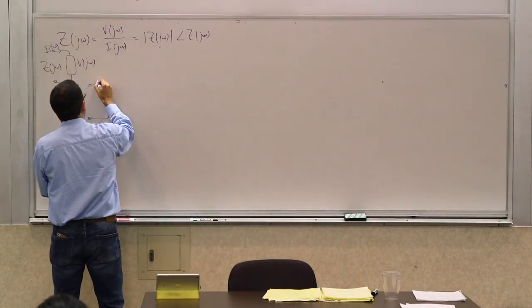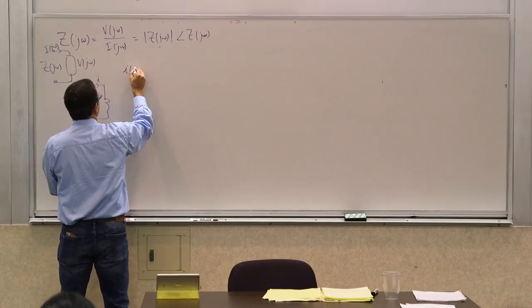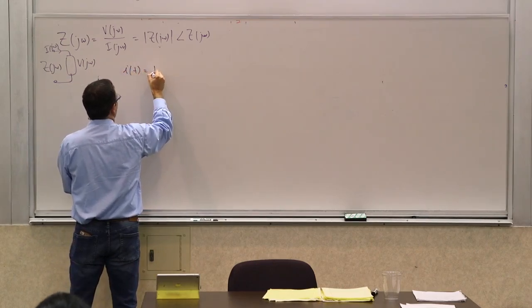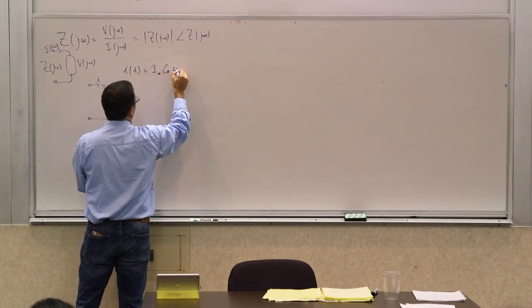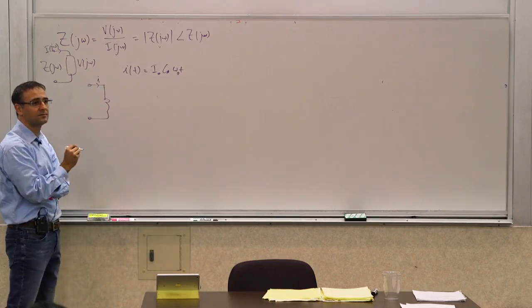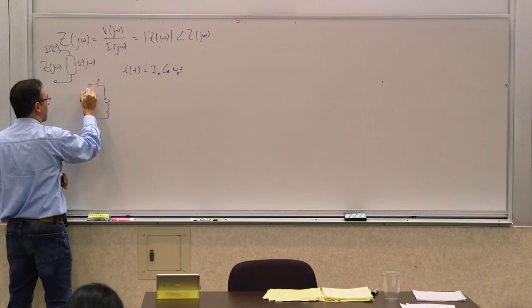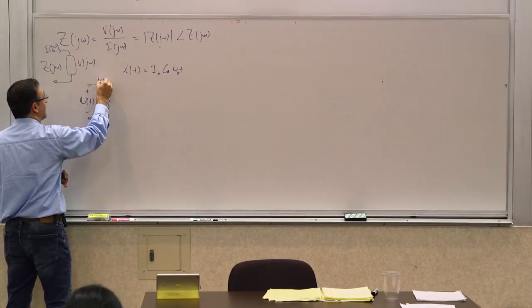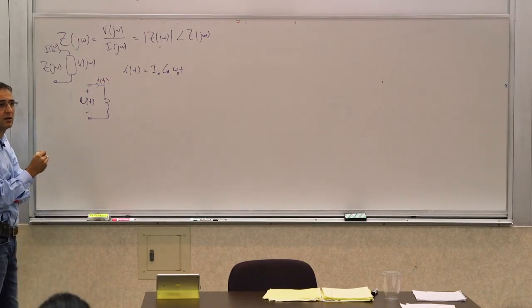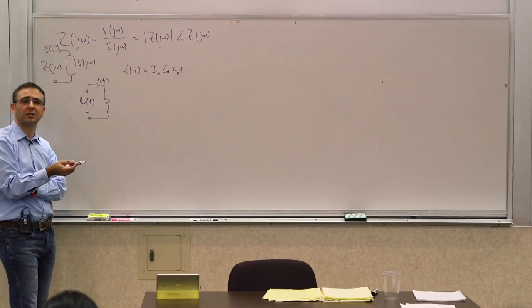For example, you can say if i of t is, let's say, I0 cosine of omega naught t, what is V? Let's do it directly first to see what it means. What's the relationship between the voltage and current of an inductor?